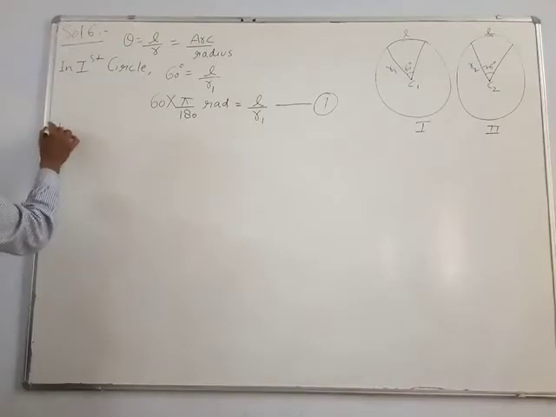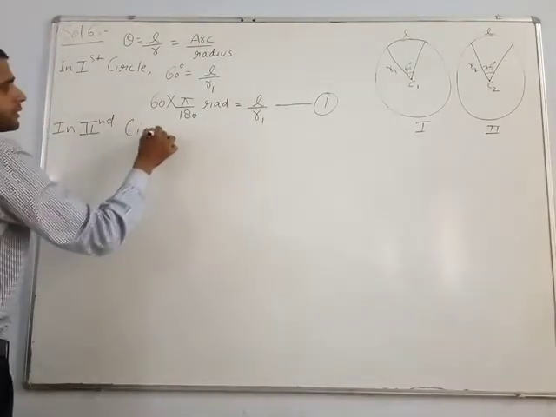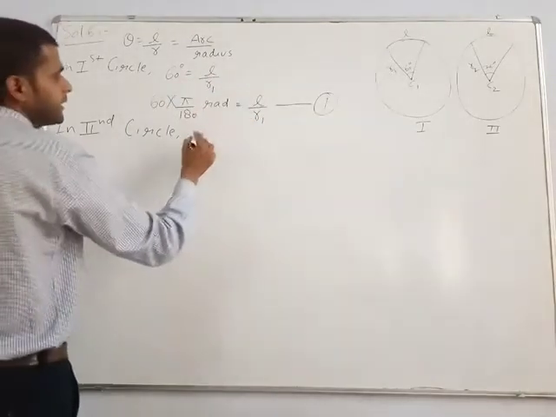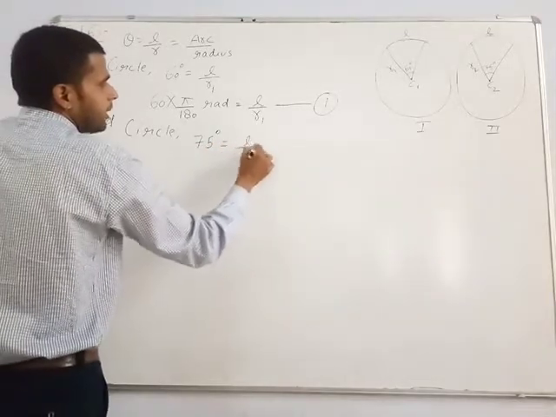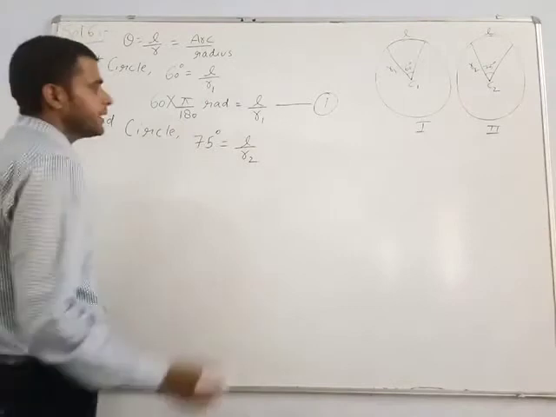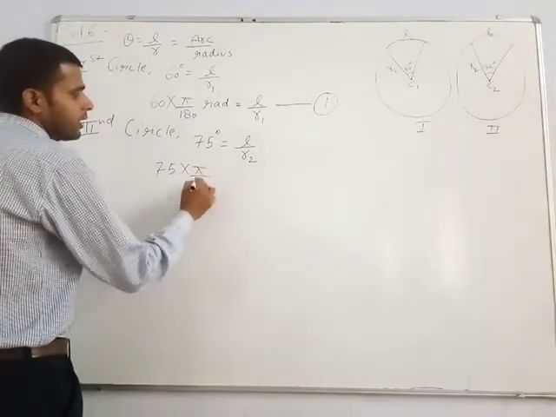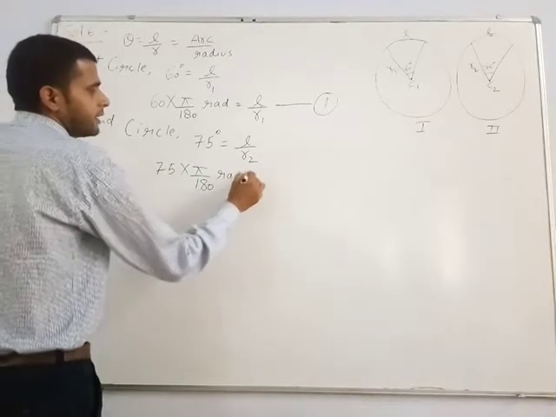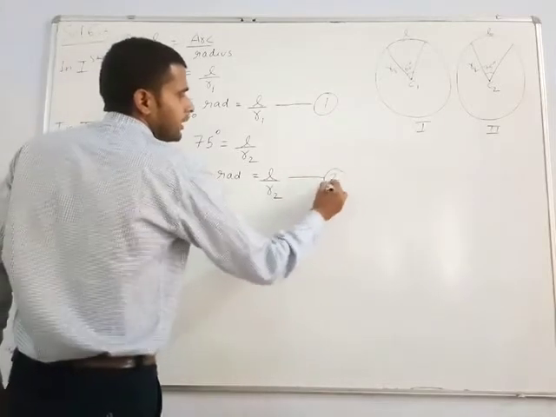In the second circle, theta equal to L upon R, theta is 75 degrees, L upon R2. Converting 75 degrees into radians, multiply by pi upon 180 rad equal to L upon R2, right?